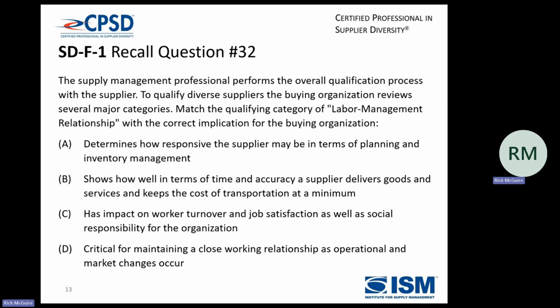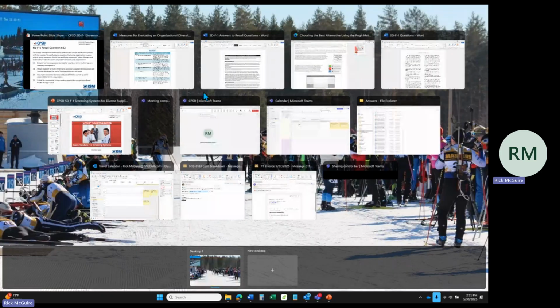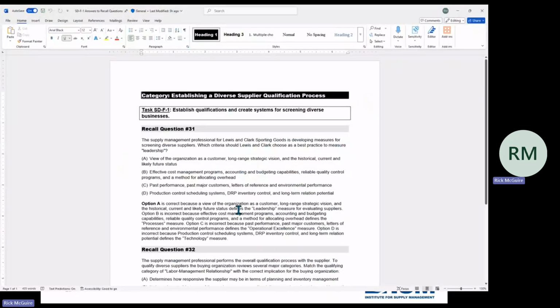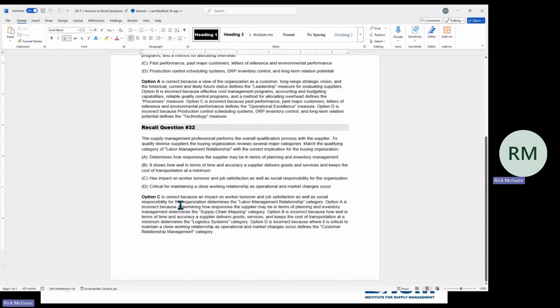Shows how well in terms of time and accuracy a supplier delivers goods and services. Nope. Has impact on worker turnover and job satisfaction, as well as social responsibility for the organization. Yeah, it could be. Critical for maintaining a close working relationship as operational and market changes occur. Not really. So it's got to be A or C. I think C is the best answer. Let's see what these guys think. C it is.